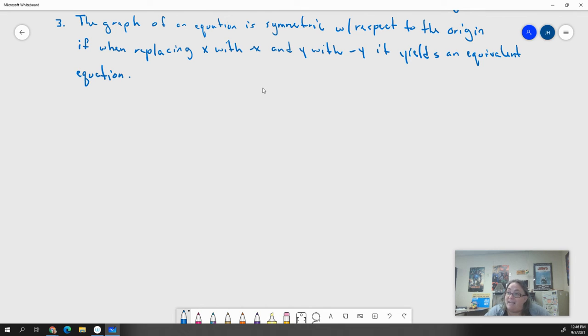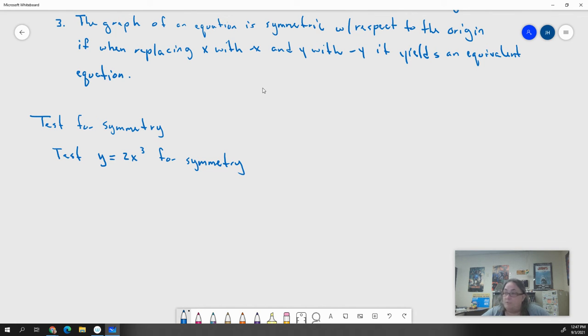So if we're going to test for symmetry algebraically, and we are asked, it'll probably be worded like: test, and it'll give you an equation y equals 2x cubed for symmetry.